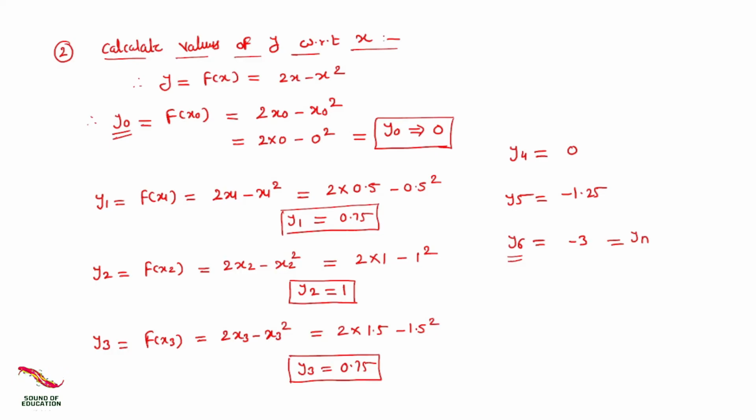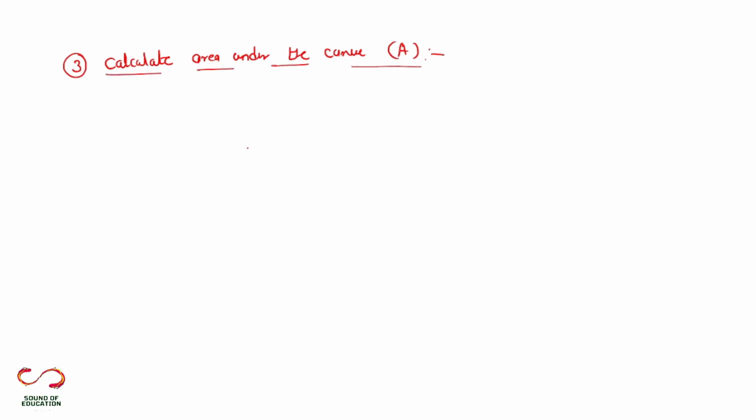Now finally, after calculating the values of y, you have to use the formula for trapezoidal rule, and by using this formula after calculation you will get the final answer, that is the area under the curve, right? So the third step: calculate the area under the curve, that is capital A, by using trapezoidal rule.